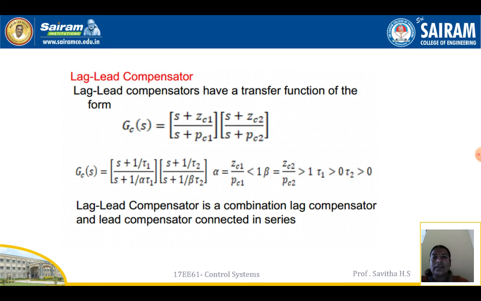Lag lead compensator. Lag lead compensators have a transfer function of the form Gc(s) is equal to (s plus Zc1) divided by (s plus Pc1) into (s plus Zc2) divided by (s plus Pc2).